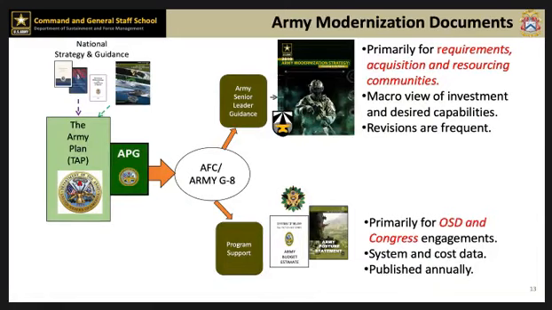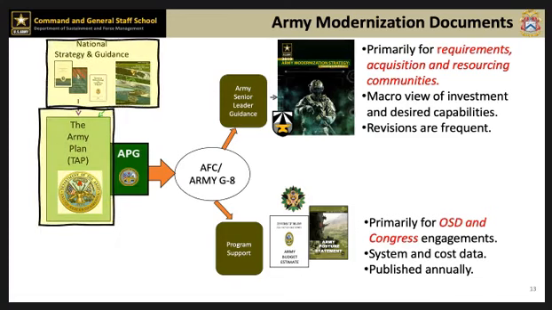As with personnel, the Army does not always have sufficient quantities of equipment to fill all required authorizations. Therefore, the Army must prioritize how it modernizes and integrates equipment into operational units. The foundational guidance for how the Army prioritizes its equipment is provided in the National Strategic Documents and the Army Plan.